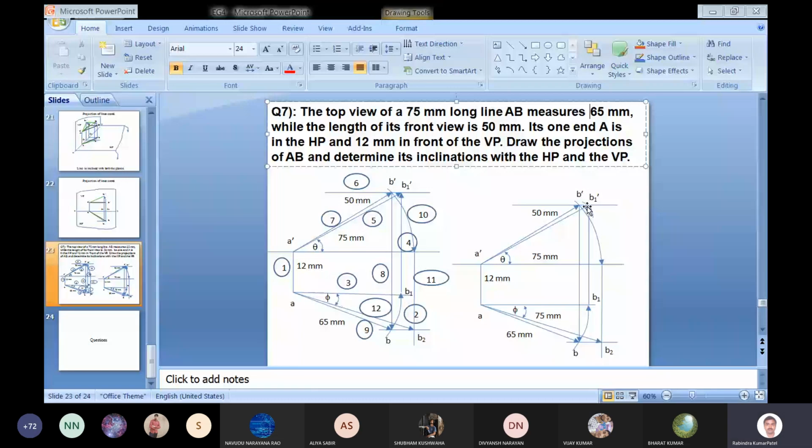And we have used this 75 length for this because wherever we get a line parallel to any plane, it will give the true length as a projection, and the line which is shortened in length is parallel to the reference line will represent that shortened projection.